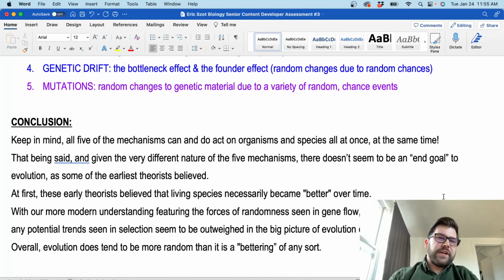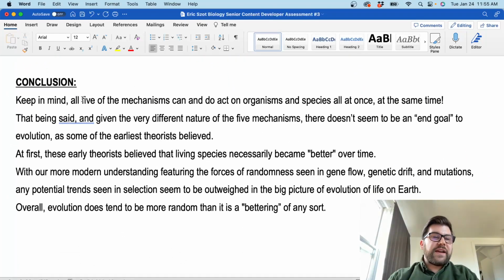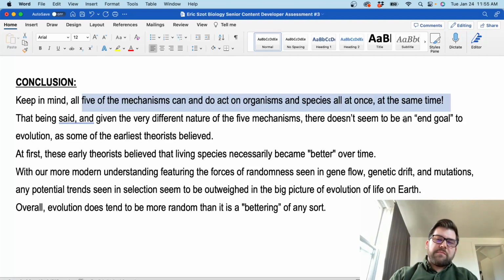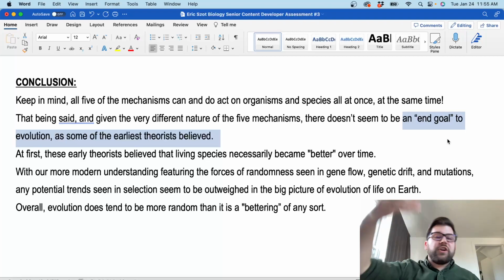So just to conclude here, a little disclaimer. All 5 mechanisms can be happening all at once at the same time. But when you look at them big picture, a big misconception is that evolution is always a bettering. That was a very traditional, classical concept that all life forms on Earth get better over time.